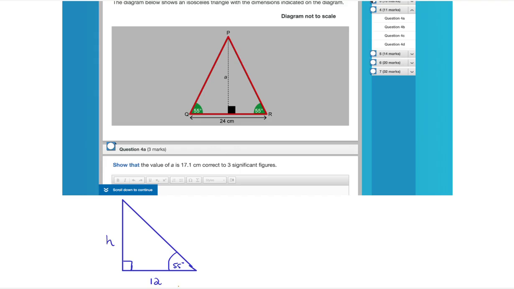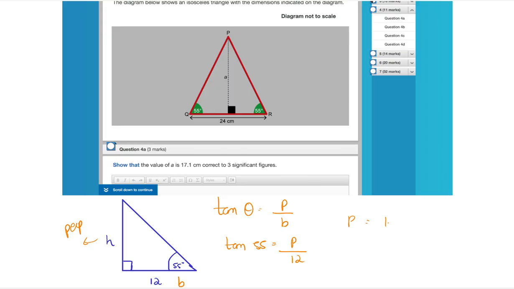This is going to be the base, and this is going to be the perpendicular. Which trigonometric identity links perpendicular and base with each other? Tan of theta equals perpendicular over base. So tan of 55 equals the perpendicular, which is what we are finding out, over the base of 12.